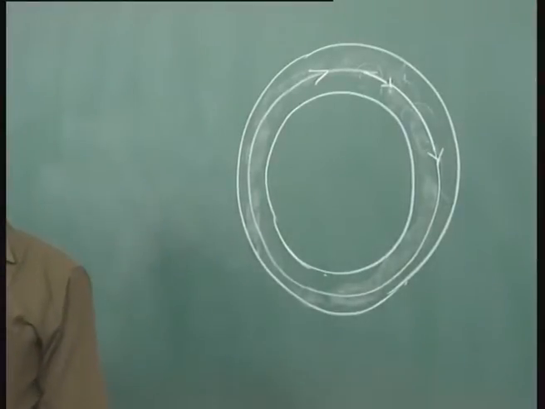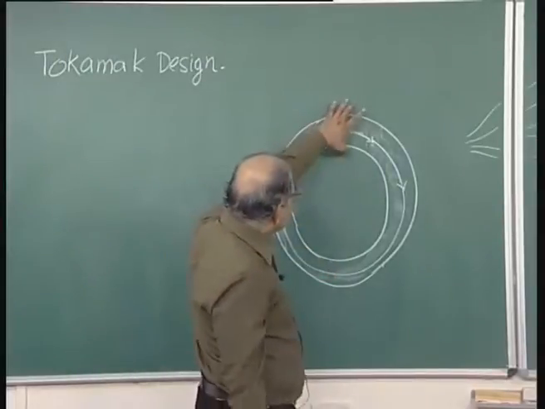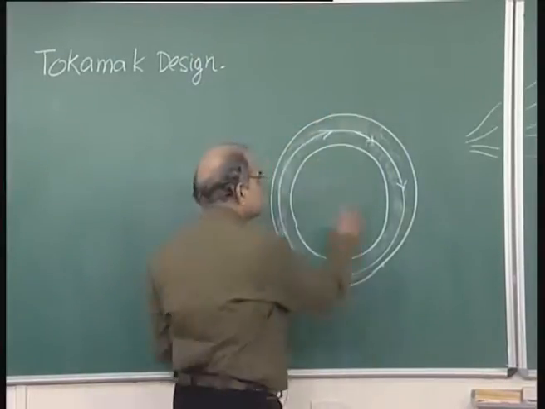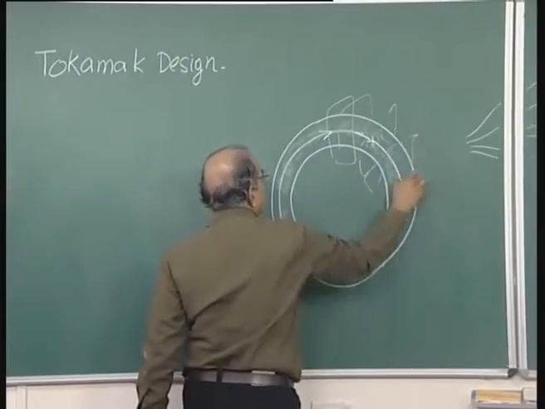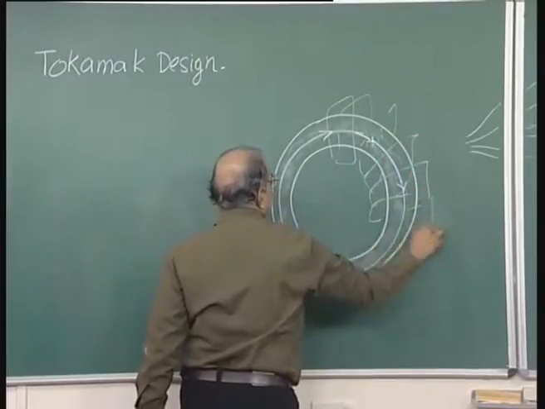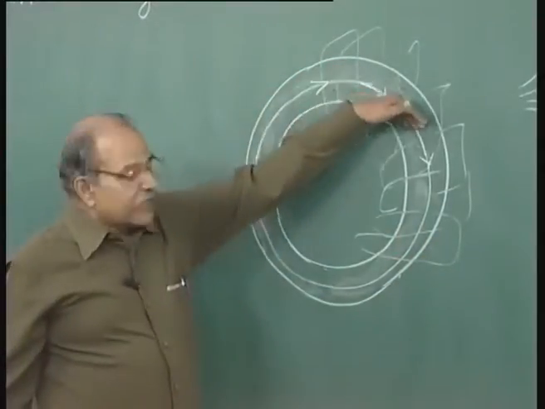And how to create that field? For that one can put large electromagnets here. Okay, you can put coils around, so that those coils can pass current, and from there the magnetic field can be created.